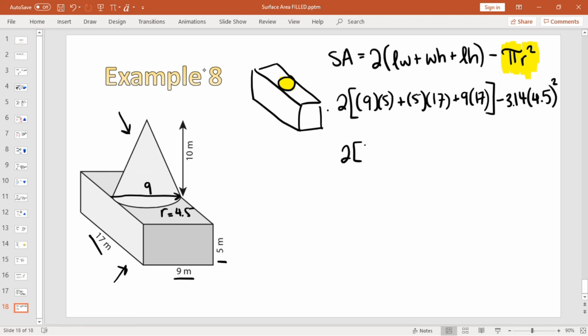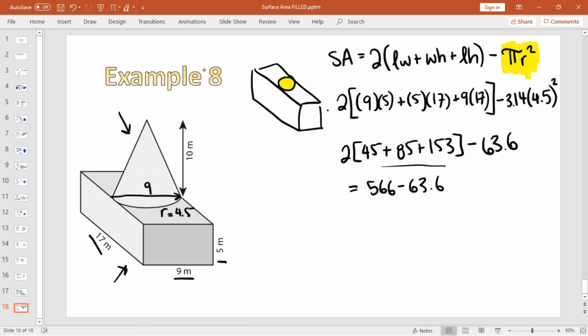This will give us 45 plus 85 plus 153, and we're going to subtract 63.6. I can do all that math because of order of operations, and then I'm going to make sure I add these three numbers, then multiply by 2 after. 566, subtract that 63.6, 502.4.